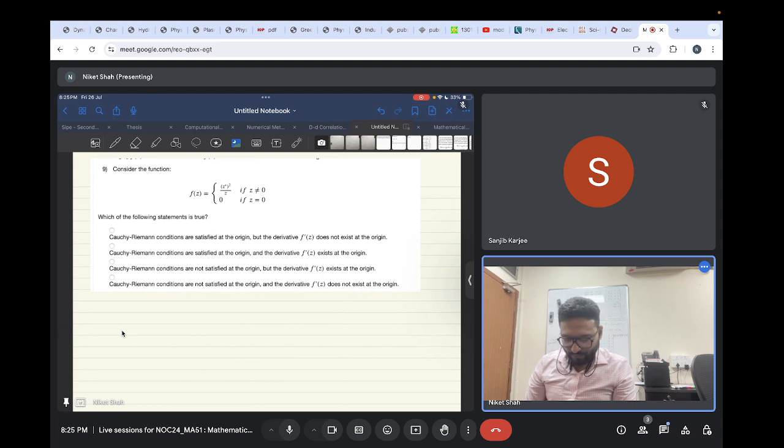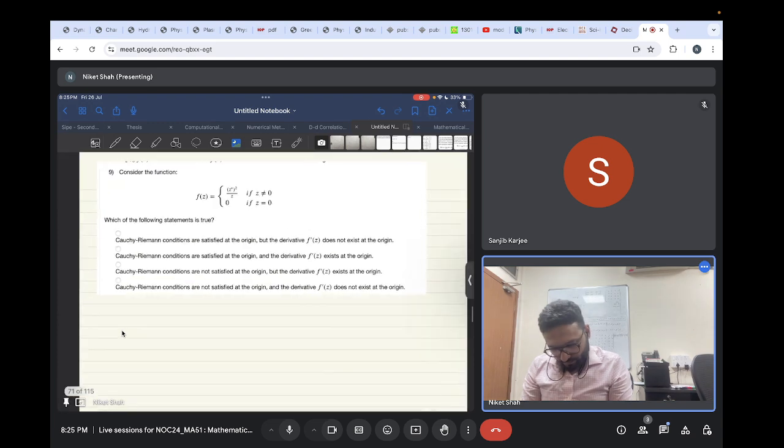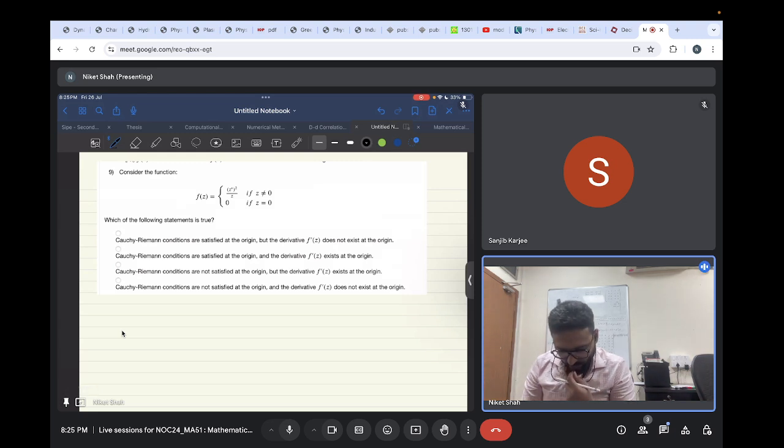All right, so let's try and approach this problem. We want to check at the origin. F of z is equal to z star square divided by z.